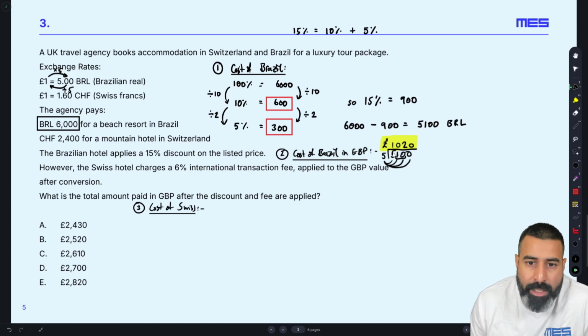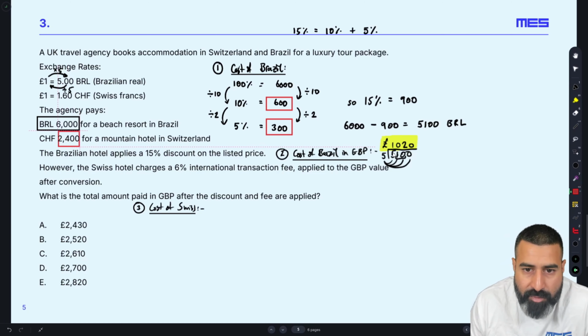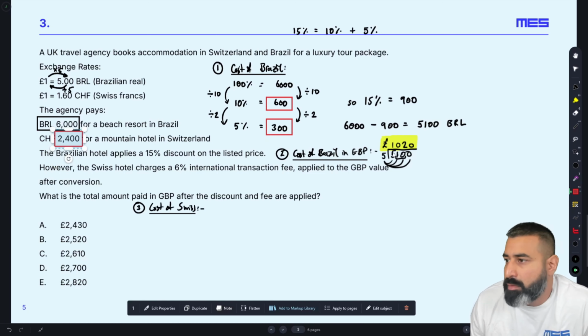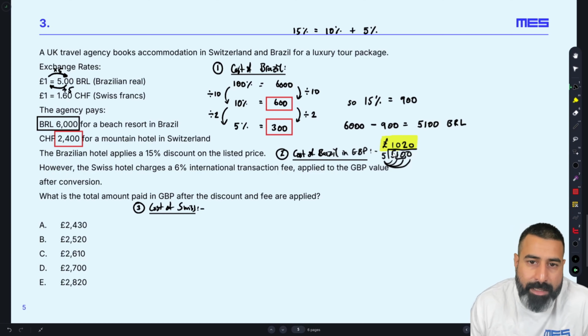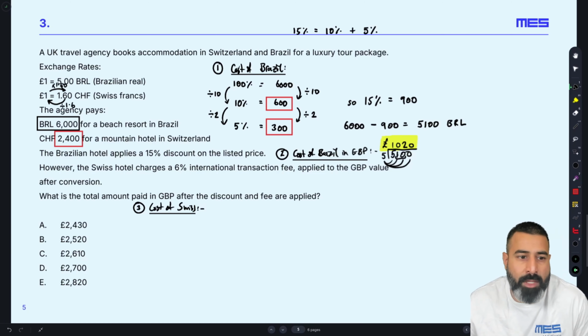So we know that the Swiss resort, whatever it is, costs 2400. So let's convert that into pounds. Let's have a look at the conversion. Just going to get rid of the Brazilian one. So pounds to Swiss francs, we're timesing by 1.6. Swiss francs to pounds, we're dividing by 1.6.